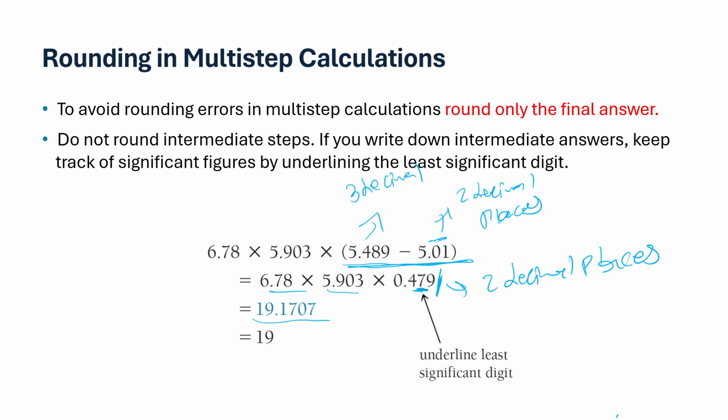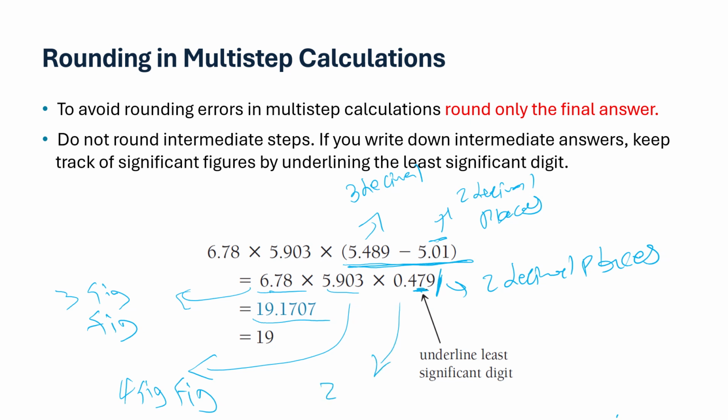So you say this has 3 sig fig. This one has how many sig fig? 4 sig fig. And this one has how many sig fig? 2 sig fig. Let me write it in different color.